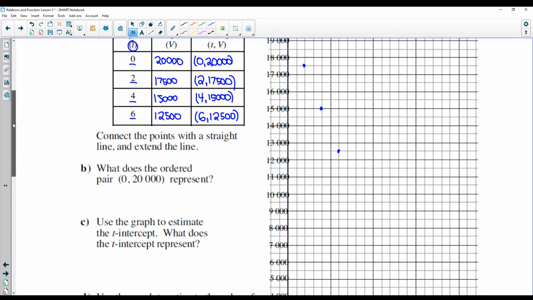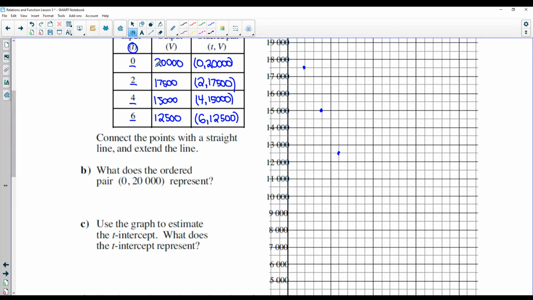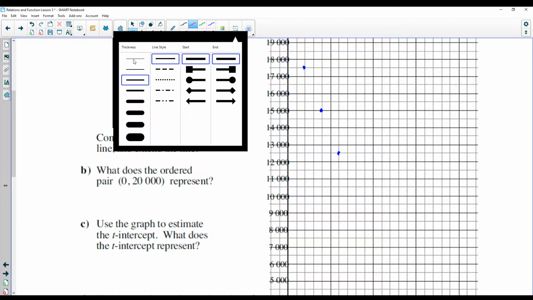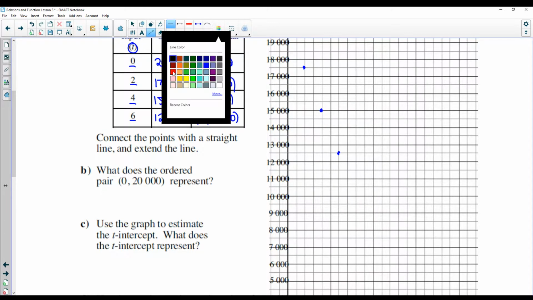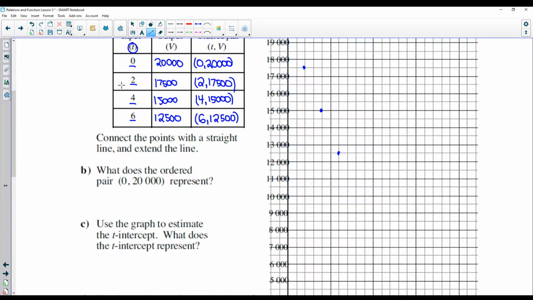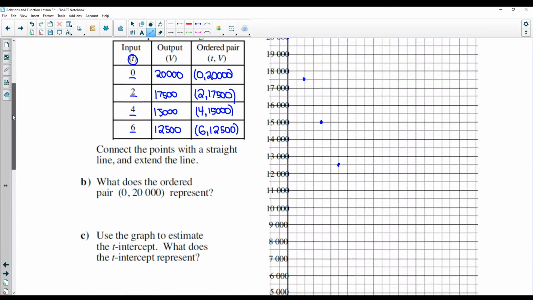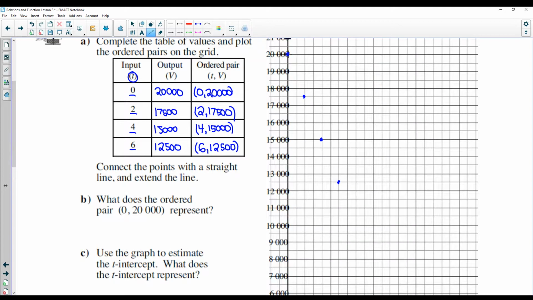Now it says connect these points with a line. Okay. So let me pull a line up here. I'll do it in red. Okay. So let's start off with this point. I'm gonna have to do 2 lines just because I can't quite get this to fit on the screen here. Okay, so that's the first one.